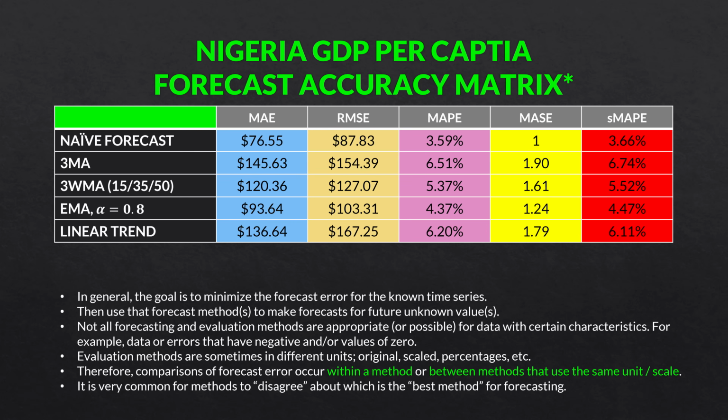So we can say that any value over 1 means that that technique is worse than the naive forecast. And in this case, the linear trend projection has a value of 1.79, which again falls between the 3-period simple and 3-period weighted. So as far as the SMAPE goes, the symmetric mean absolute percentage error, same story. It falls between the 3-period simple moving average and the 3-period weighted moving average with a value of 6.11%.